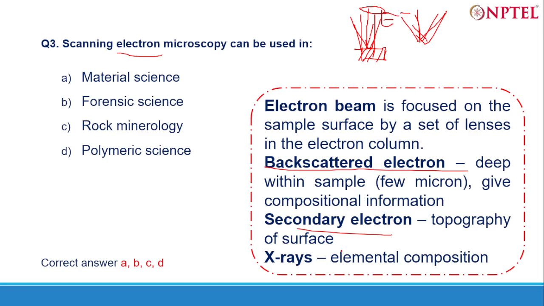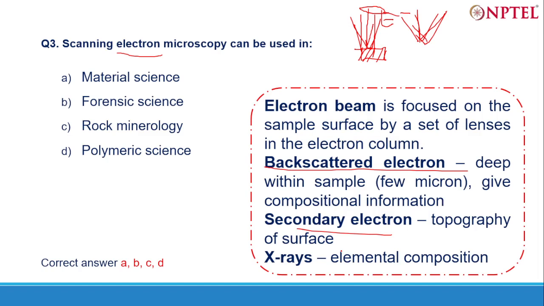They come from deep within the sample, and in microscopy, deep doesn't mean meters or centimeters. It is in the range of a few microns. Since they come from deep, they give compositional information, such as what the composition of the sample is.